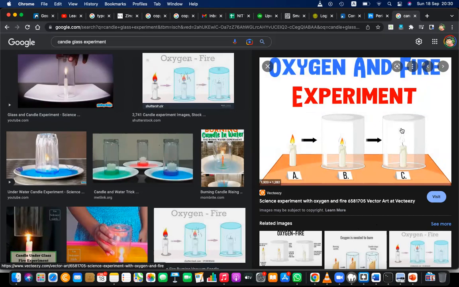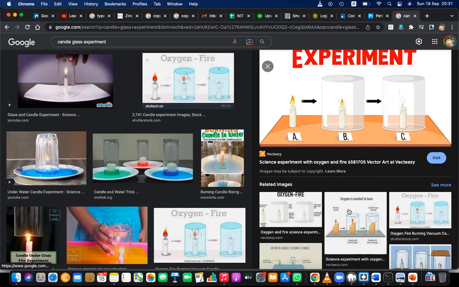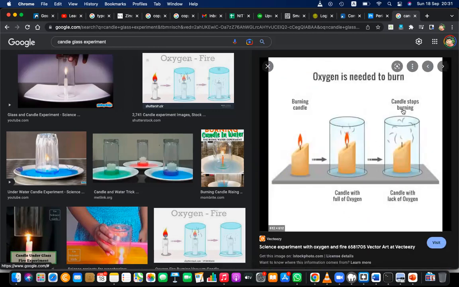The reason is you don't have enough oxygen. Try to do this at home, try to light it up immediately. Again, it will not start burning, because still there is not enough oxygen inside this glass.